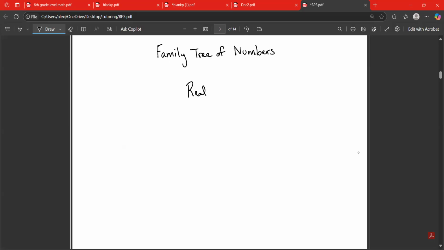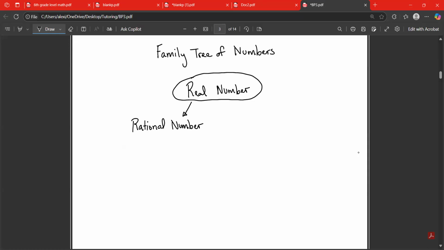Every number in this family is a real number. Of course, we know there's imaginary numbers, but those won't come up until later. Real number had two kids, rational and irrational.